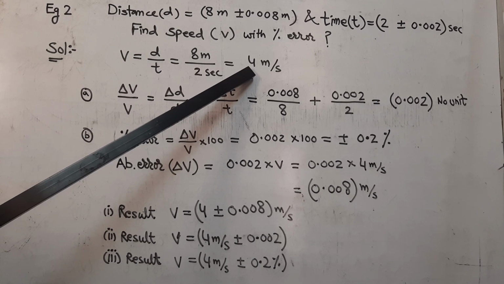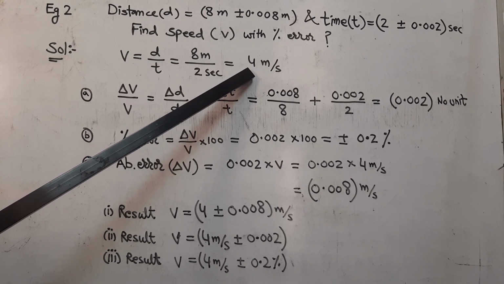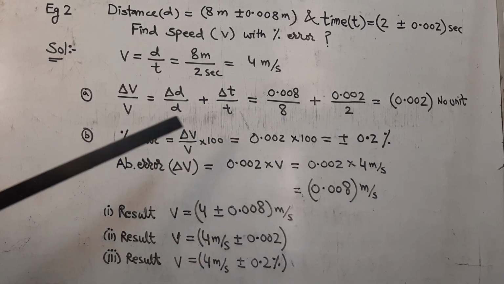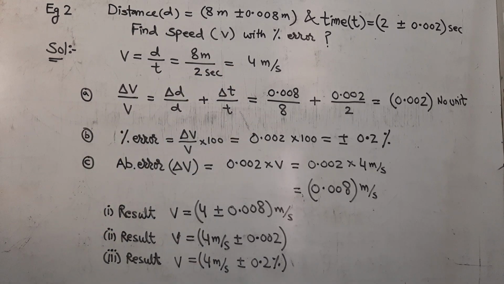There is no need to calculate the result with error. So now in case of division and multiplication, we have to calculate the net or maximum value of fractional error.